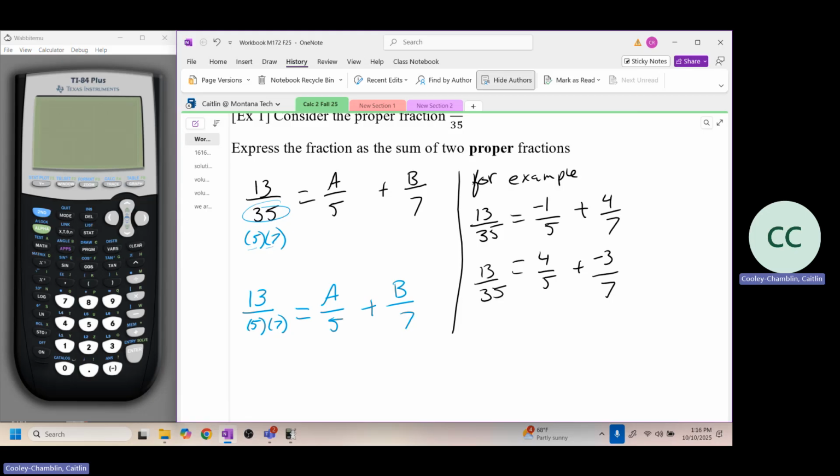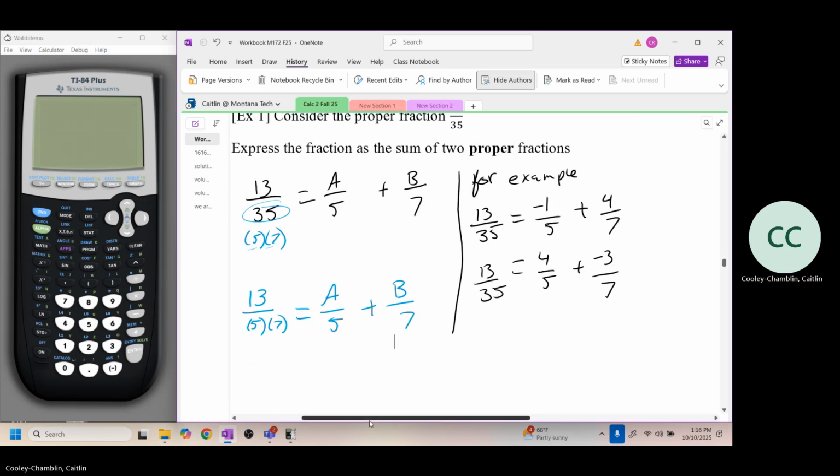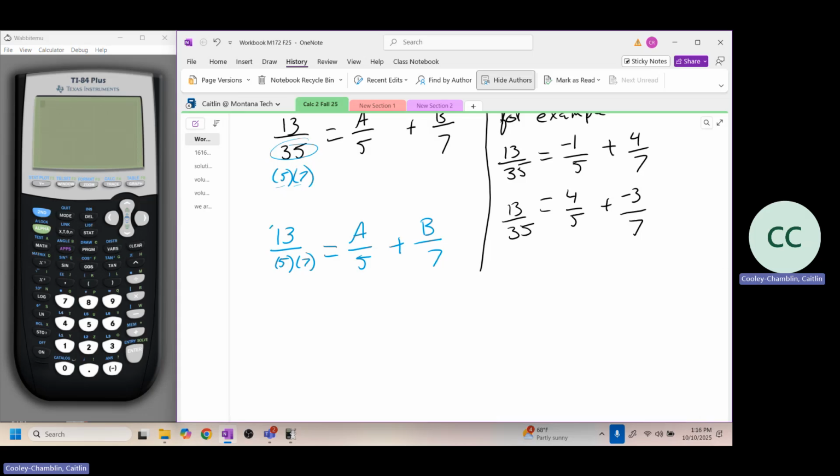Now, I want to know what A and B can be, or what they are. So I'm going to multiply both sides by 5 times 7.